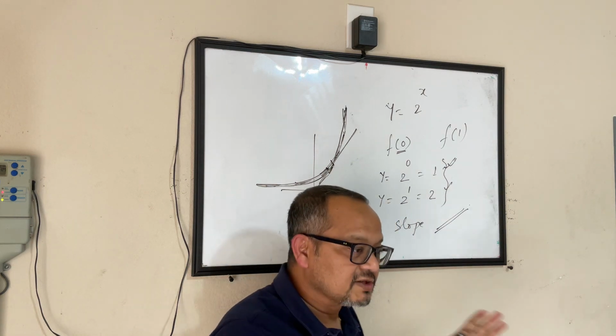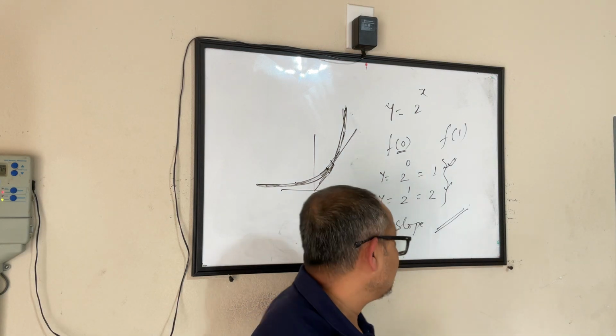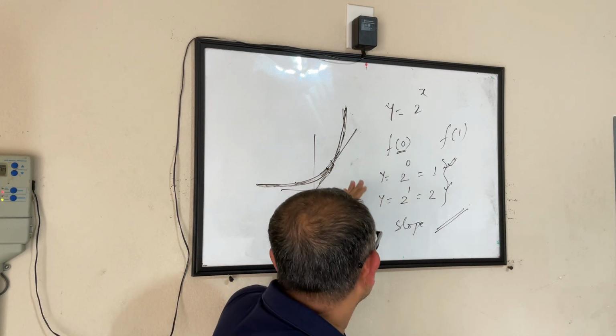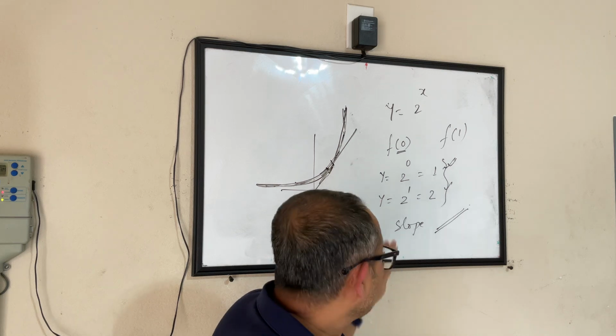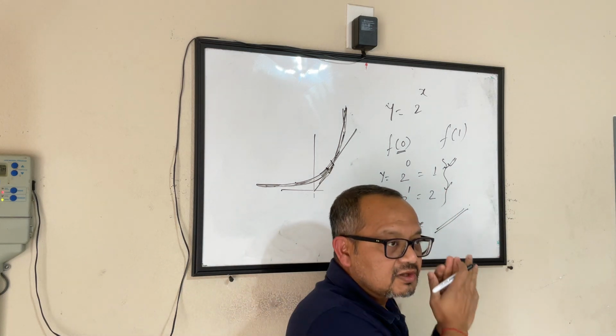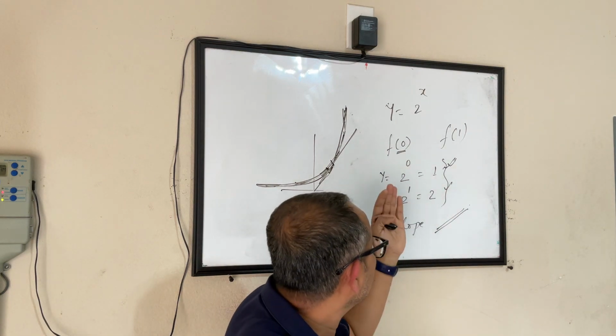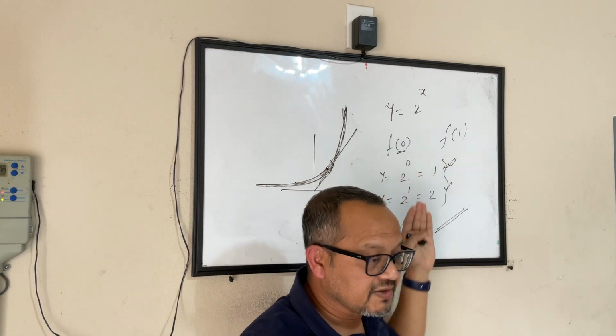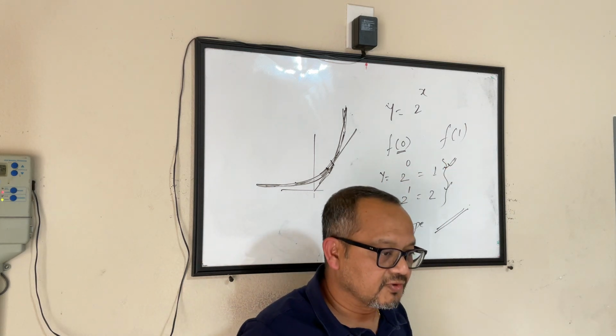Whoever is interested in learning calculus, let me know. When we start learning calculus, that is when we'll talk about that in absolute terms. Here, the only goal that we have is to understand, is my slope positive or negative in a given range of value for x.